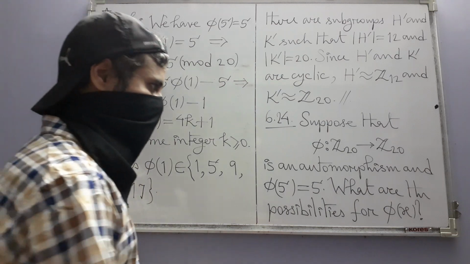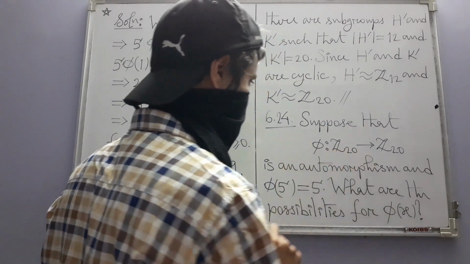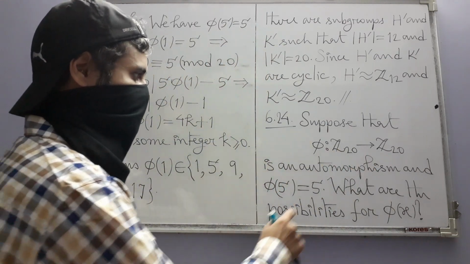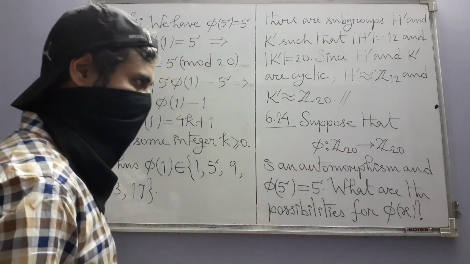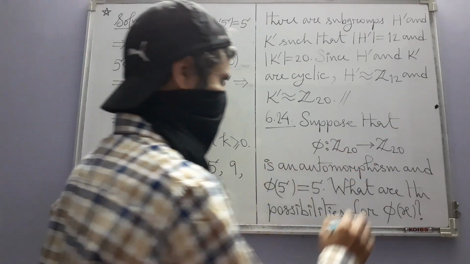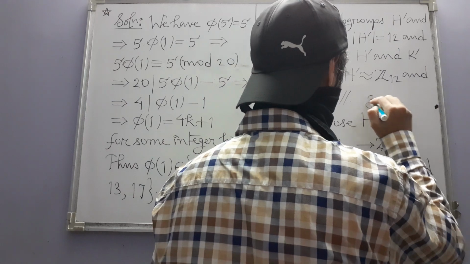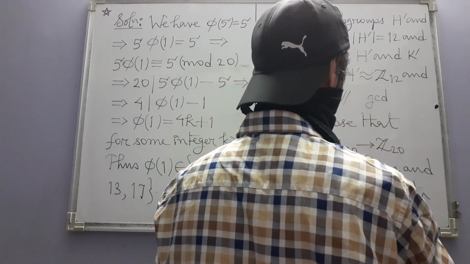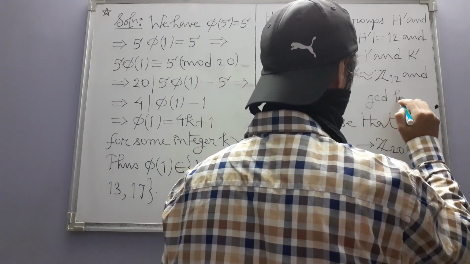Now recall the condition for an integer to be a generator of Z20.